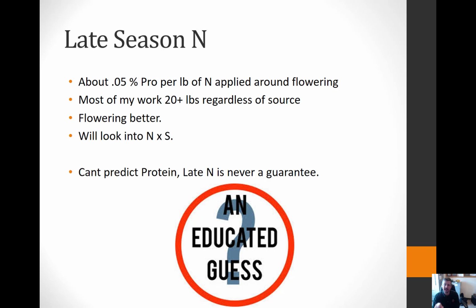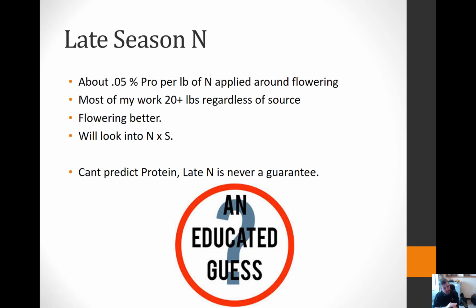It takes 20 pounds of nitrogen to increase your protein by 1%. So applying 1 gallon of UAN or 2 gallons of a product that puts on 6 pounds, folks, it's going to get you 0.3% of protein at best. It is about volume. We cannot physically do better than 0.05% per pound of N applied, because it's impossible.